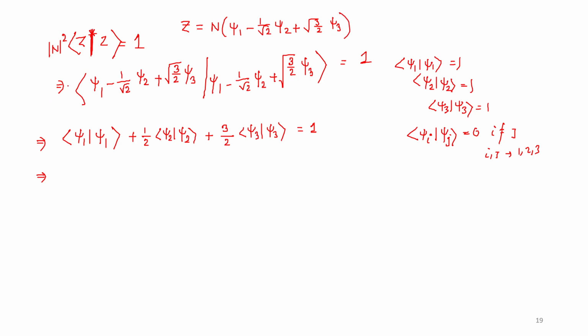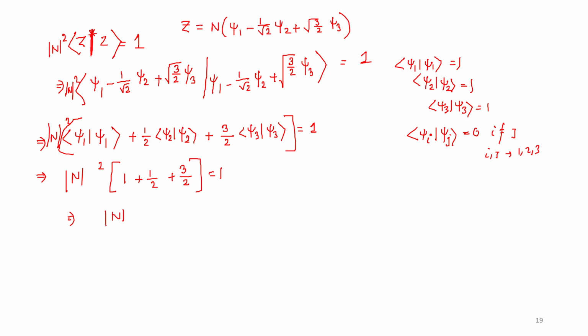So the modulus square is going to come: 1 plus 1 by 2 plus 3 by 2 is 3.